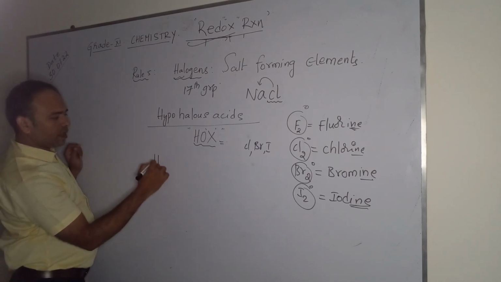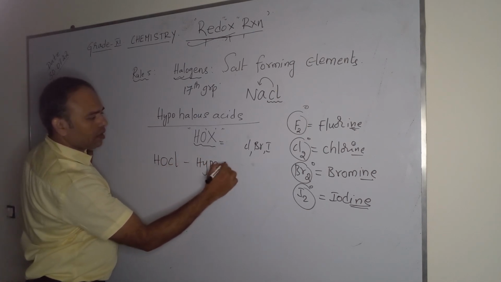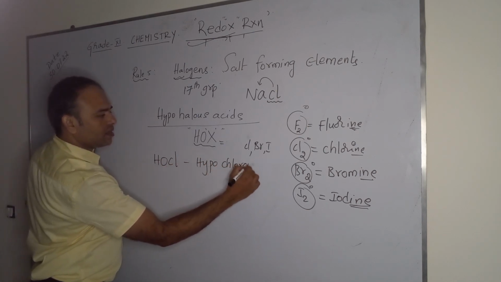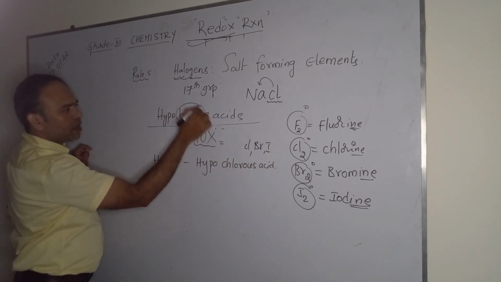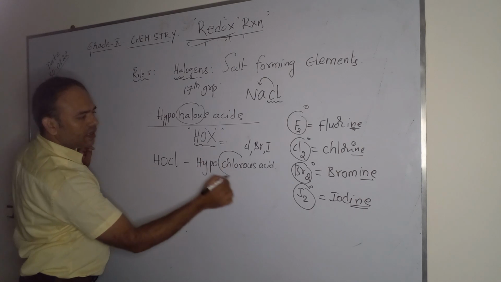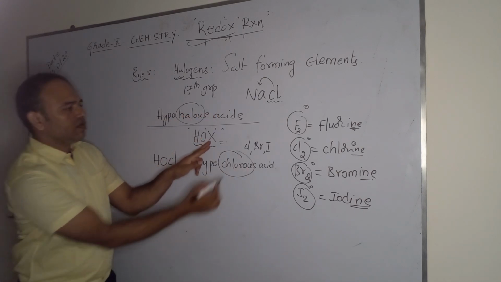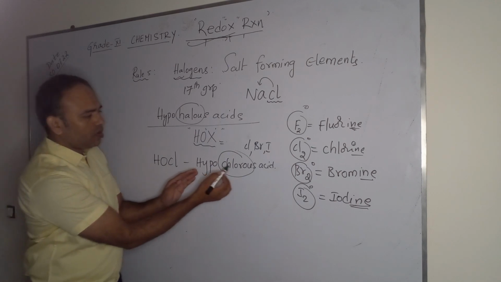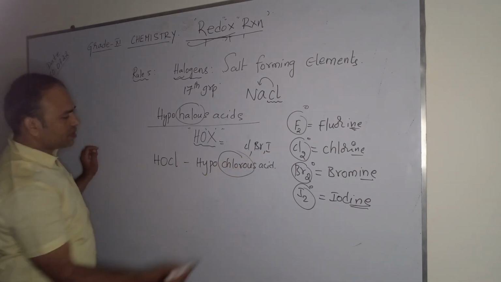Substitute that: HOCl, hypochlorous acid. See, in the place of halous, because you took chlorine, you are writing chlorous. Hypohalous acid, HOX, X equal to chlorine, becomes hypochlorous. If you put bromine, hypobromous.